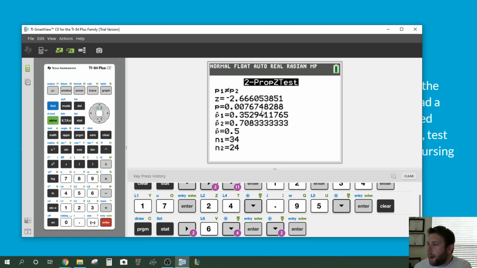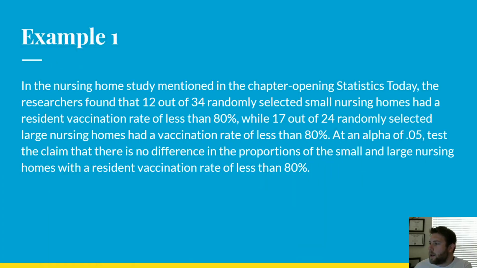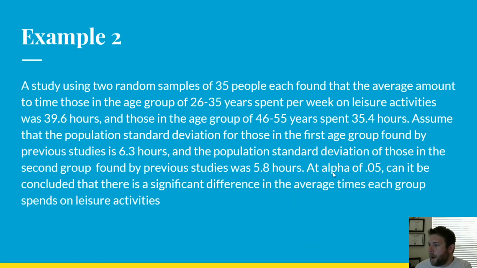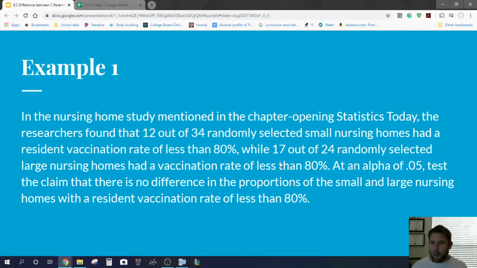So what we do, we compare p-value to alpha. Here's our p-value, 0.007. Well, we'll say 0.008 for rounding. So what we would say here is, well, my alpha is 0.05. So let's go ahead and type our interpretation then.